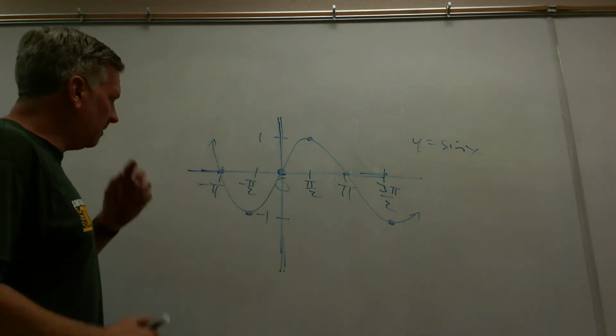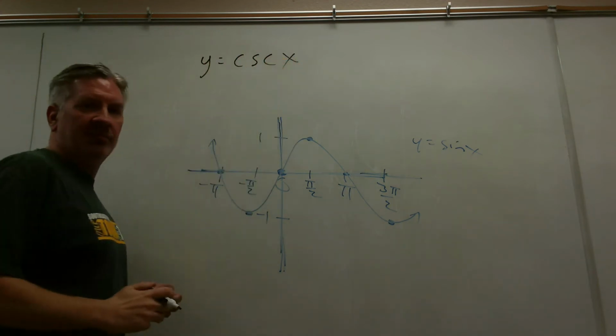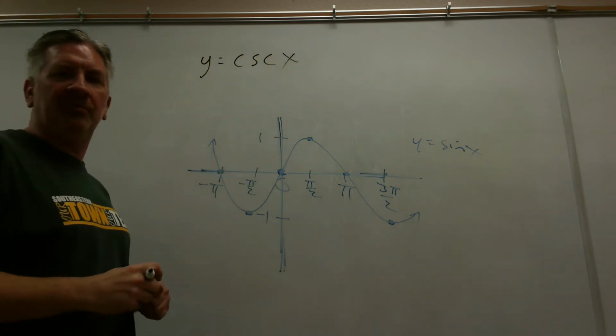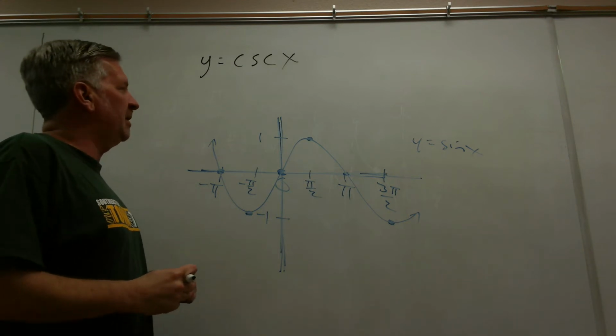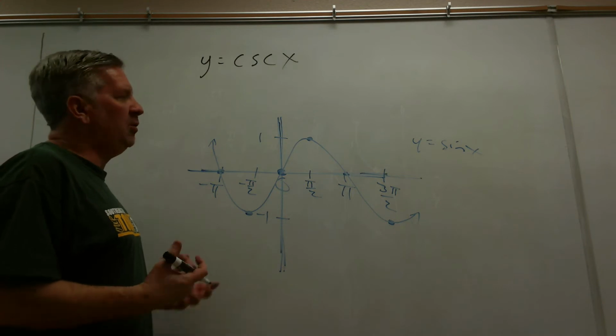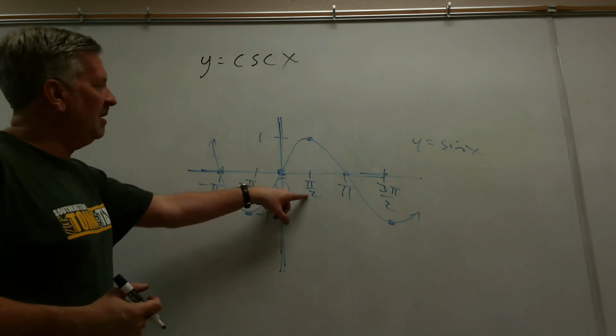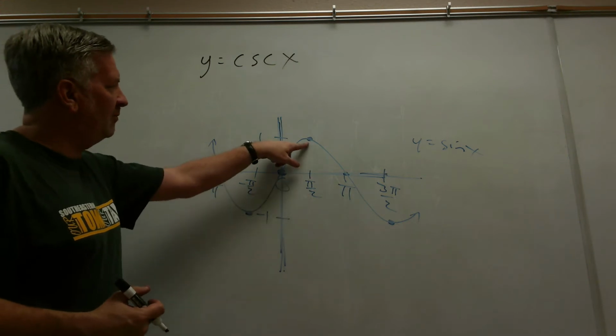Okay, now we're trying to construct the cosecant graph. Cosecant x. Now remember, sine and cosecant are reciprocal functions of one another, so we can use that fact to construct the cosecant graph. We could make a table. Let me just show you what I'm doing here. For example, we know that sine of pi over 2 is 1.